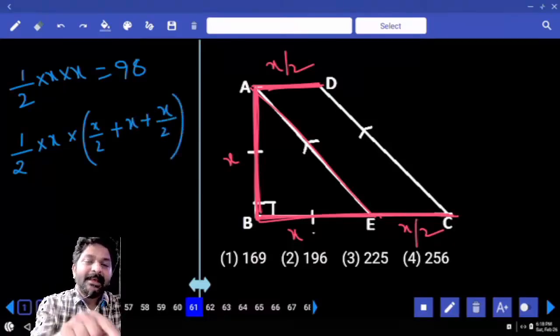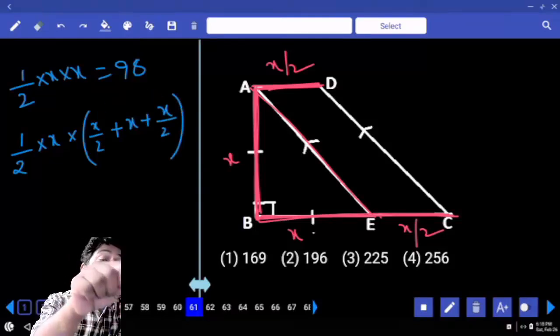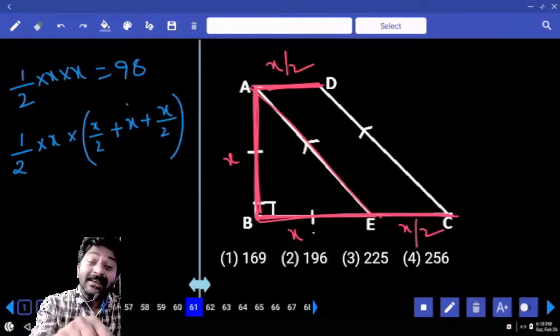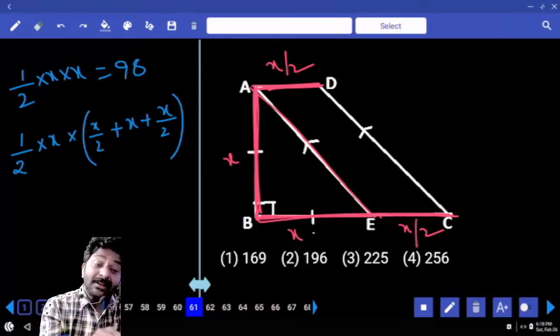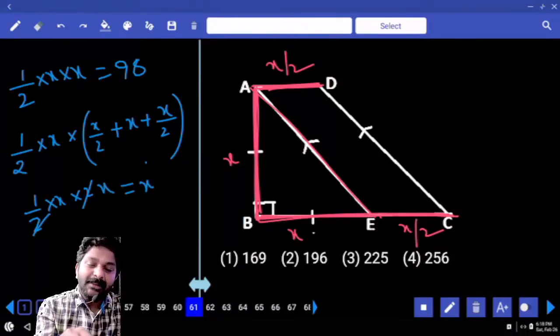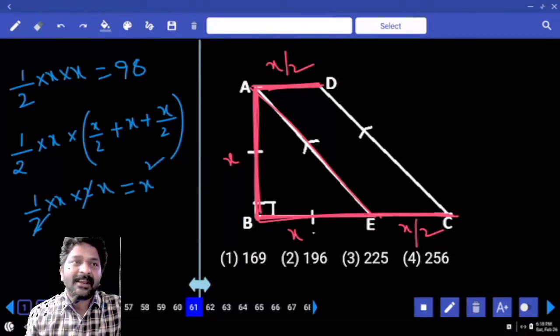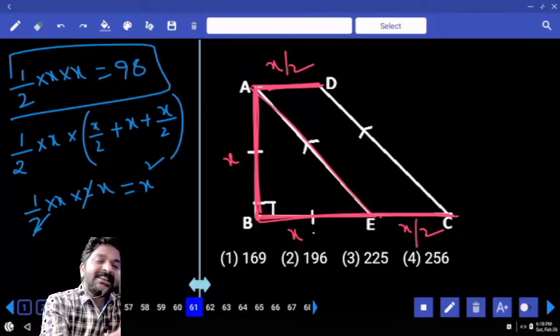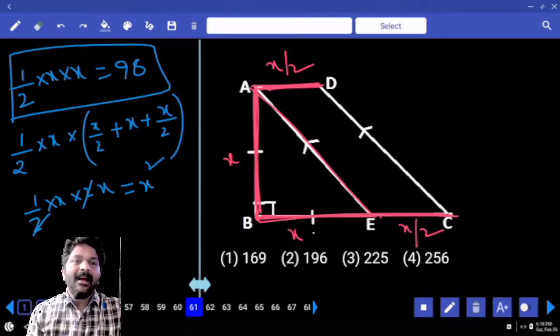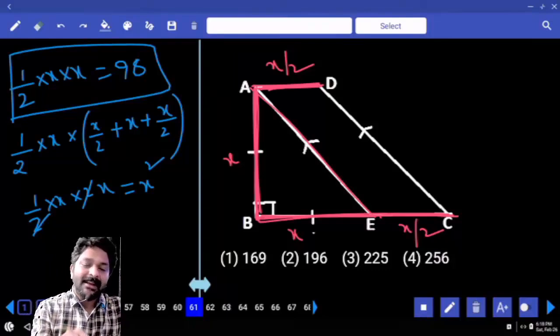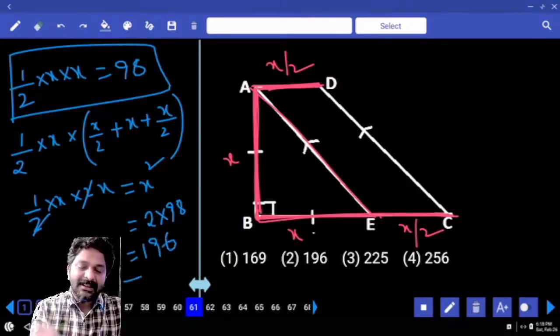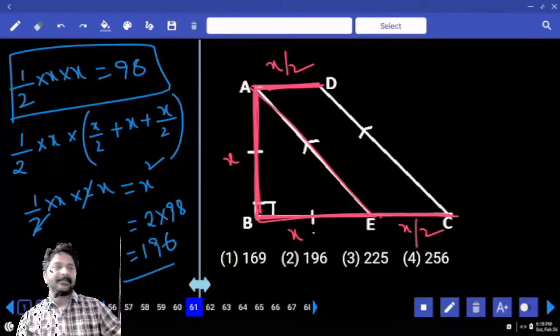Correct? x plus x, that means half into x into 2x, 2 gets cancelled. That means we have to calculate the x square value. From the first statement, the area of the triangle, half x square is equal to 98, then x square is equal to 2 times 98, that is 196 only. We are done with the answer.